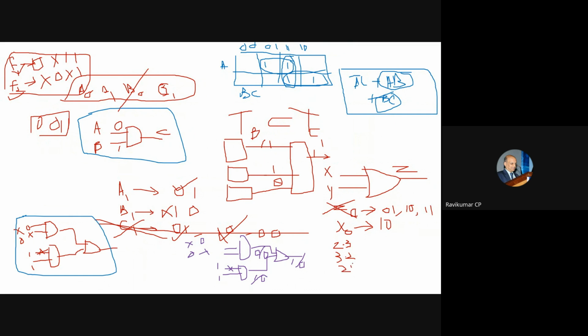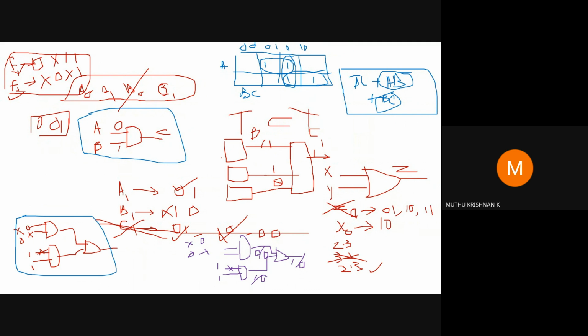Then you say, okay, maybe this one went wrong, so 2.3 is the correct answer. So that is how you do it. So there is a lot of redundancy in the circuit. The same thing has been duplicated.